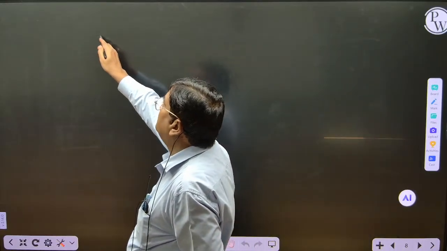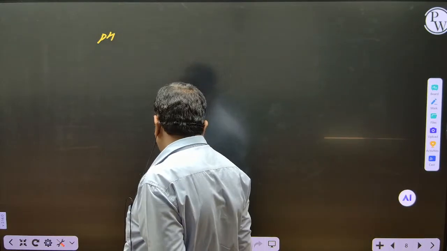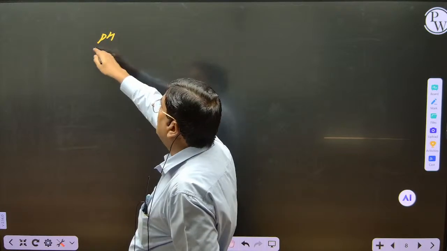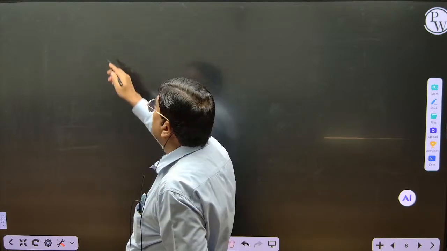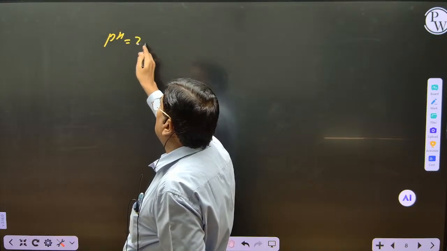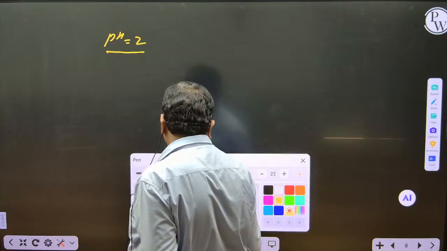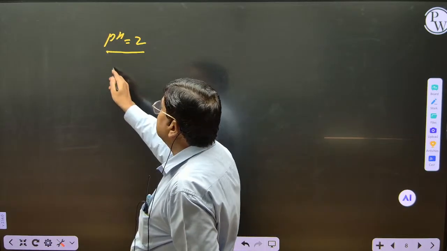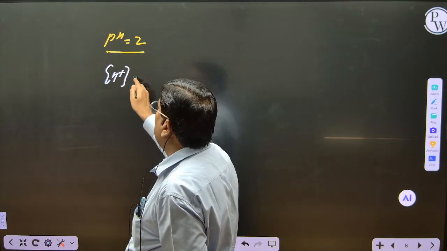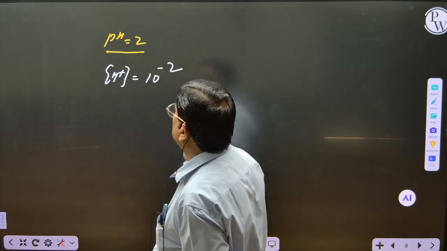Suppose pH of a solution is given as 2. Let the pH be 2. Then what will be its H plus ion concentration? Then H plus ion concentration will be 10 power minus 2.